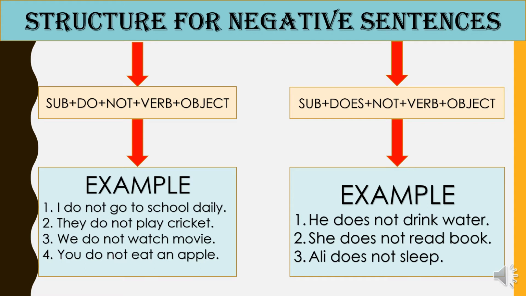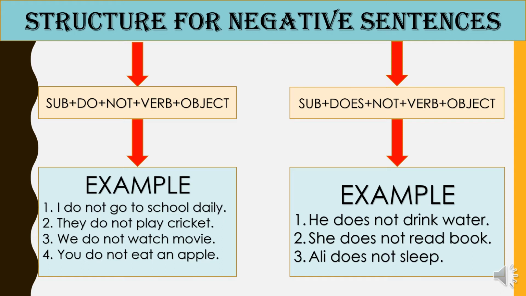So here is the structure for negative sentences as well. For the negative sentences, we are using the helping verb do, and for the third person singulars, we are using the helping verb does not, and for first and second person, do not.